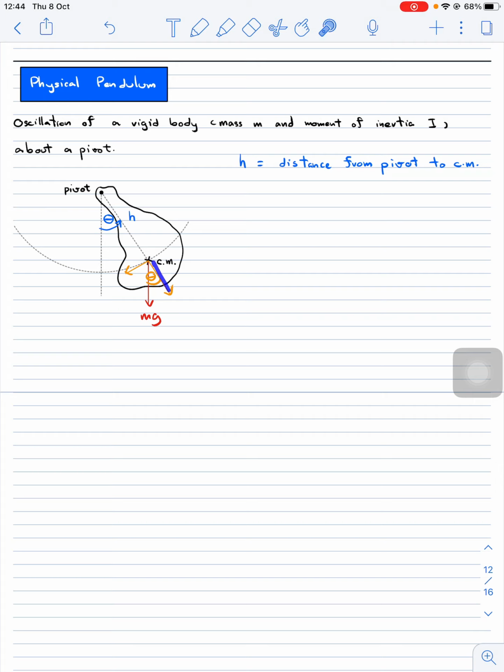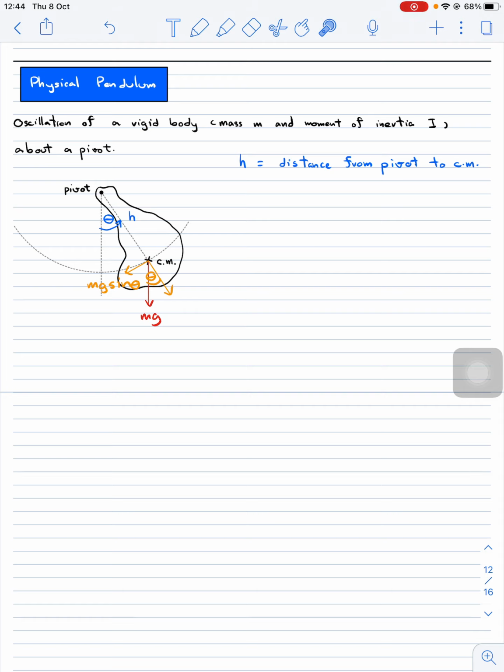We have this component equal to mg cosine theta, and this component equal to mg sine theta. This component is going to cancel out with the force due to the knot at the pivot here. So that's why we consider only mg sine theta.